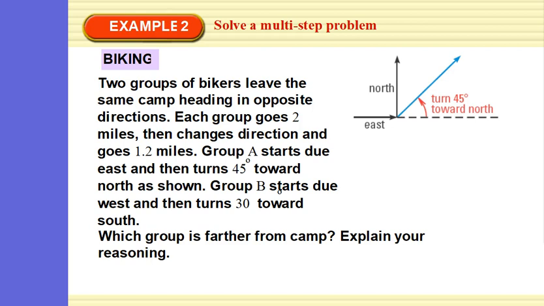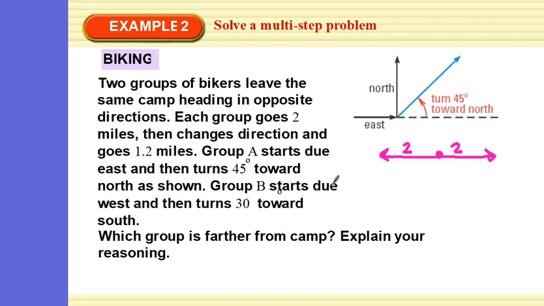Explain your reasoning. Okay, so two groups of bikers leave the same camp heading in opposite directions. So here we are. There's the camp. They're heading in opposite directions. Okay, each group goes 2 miles, then changes direction and goes 1.2 miles.